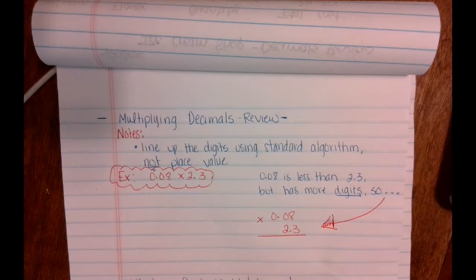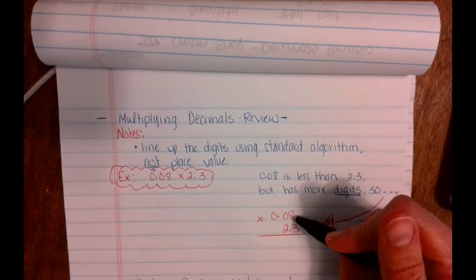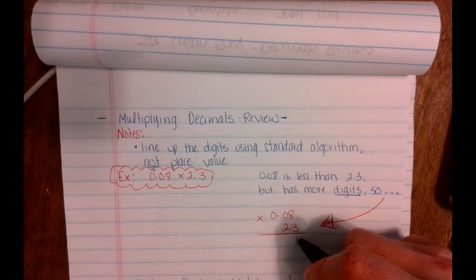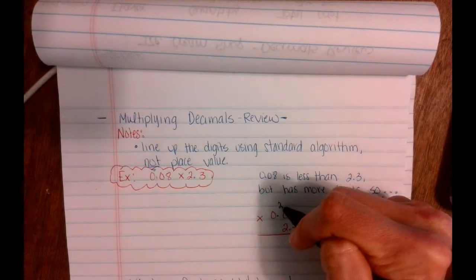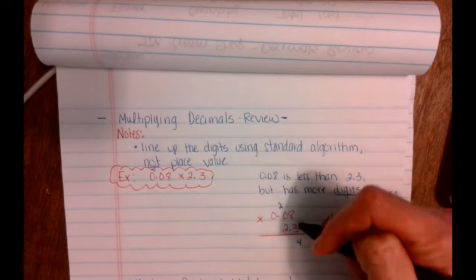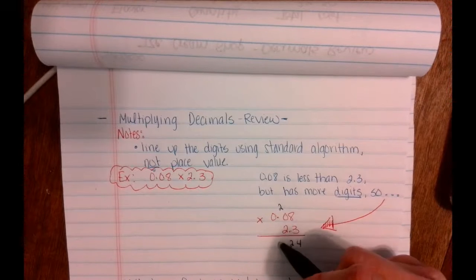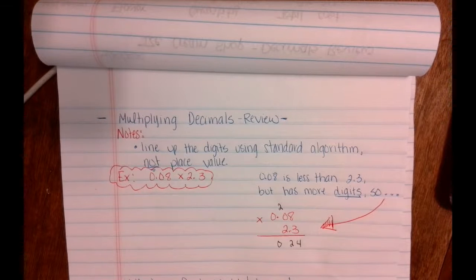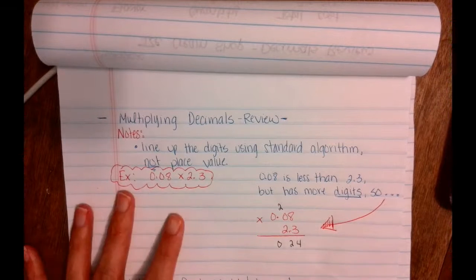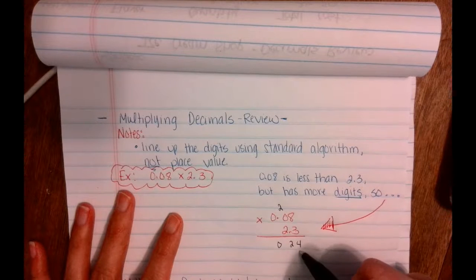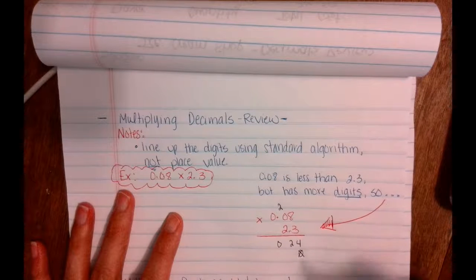So 8 times 3, 24. Regroup your 2. 0 times 3 is 0, but you add the 2. 0 times 3 is 0. Okay, right now I'm not going to worry about my decimals. I'm going to come back and do that later. You still need, just like when we do our steps for standard algorithm, to put a 0 under the 4.